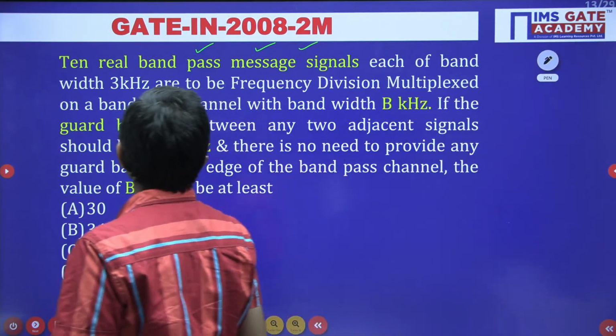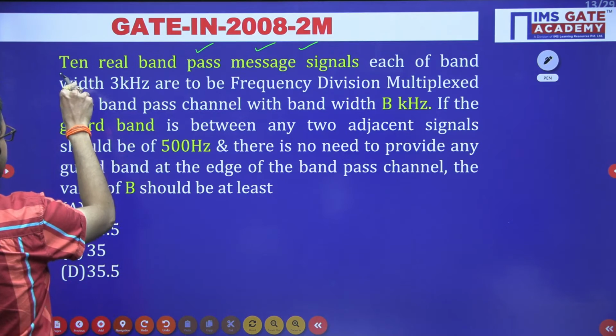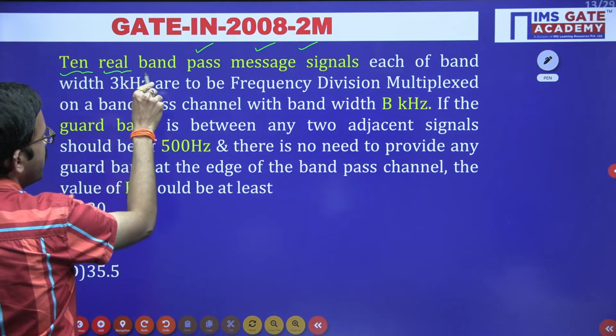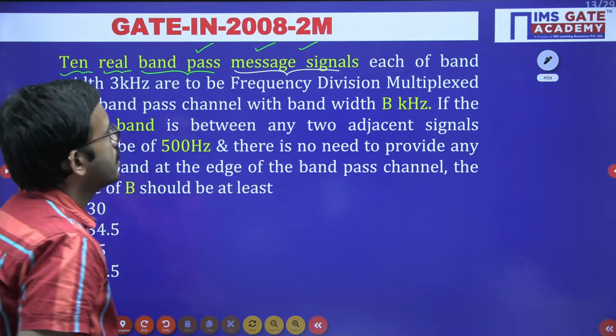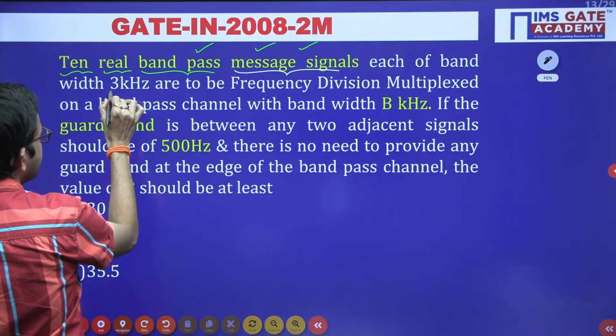Yeah, first read the question. Here you are having 10 real band pass message signals. That means you are having 10 signals. Okay, each of bandwidth 3 kHz.